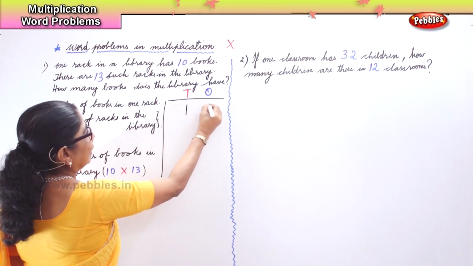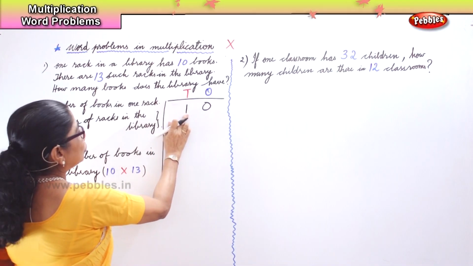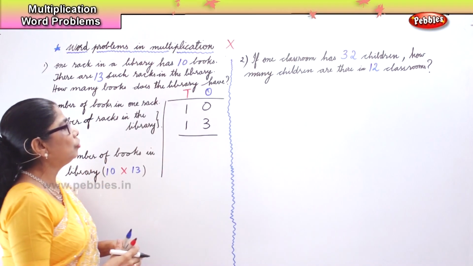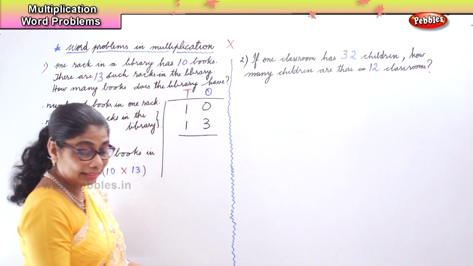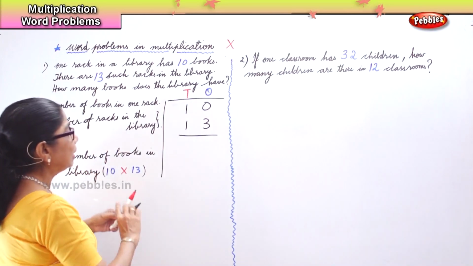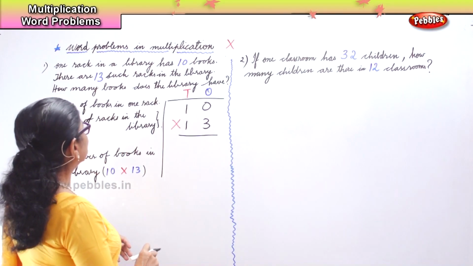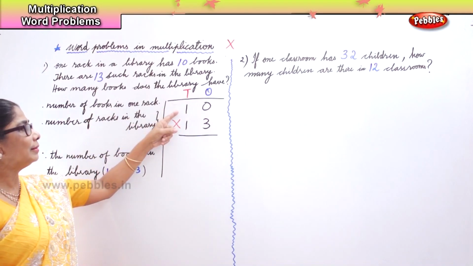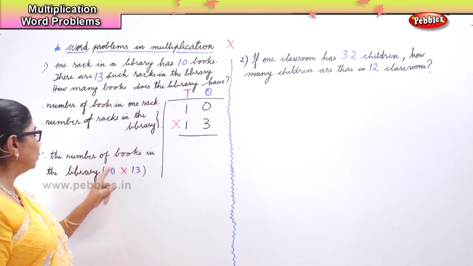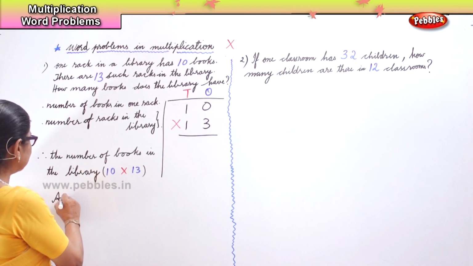So you put the 10. The number of racks in the library is 13. So you have to multiply 10, that is the number of books, by 13, the number of racks. So it is 2-digit by 2-digit multiplication. That's what we are going to do now. Therefore, the number of books in the library, 10 into 13 gives you the answer.